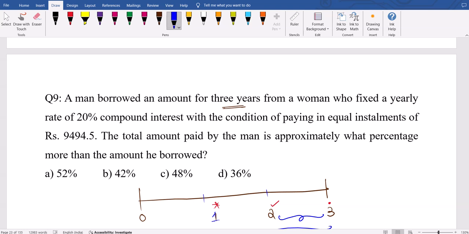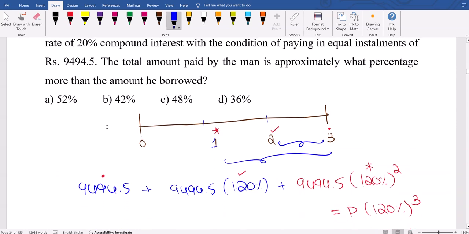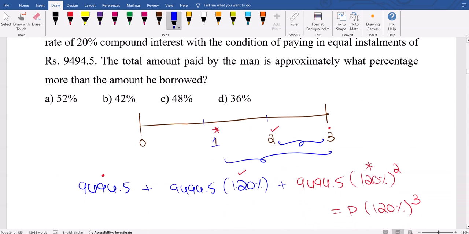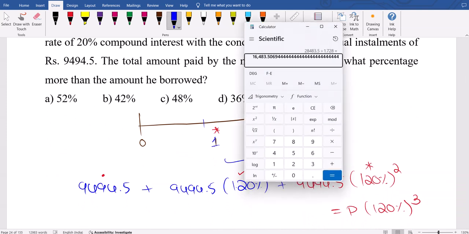Equal installments of 9,494.5. Three equal installments, also directly if you apply 9,494.5 into 3, that is 20% interest, 1.728. 16,483, this is 27,000.